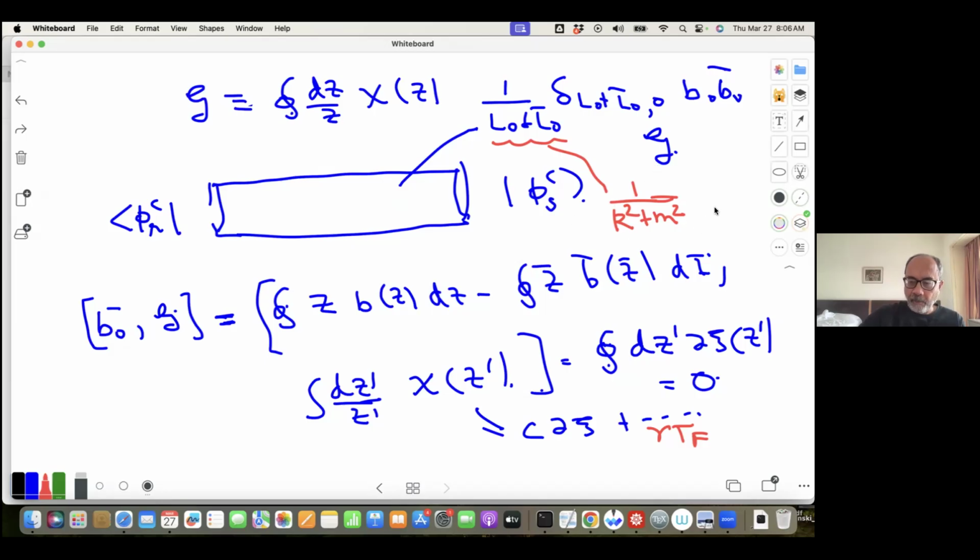So now you have a propagator which has the standard denominator k square plus m square, but also has a numerator which can be momentum dependent. In fact, typically it's linear in momentum because the TF has a psi dot del x, and del x acting with e to the i k dot x will pick up a factor of k.